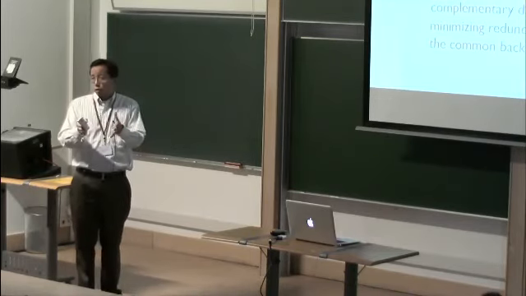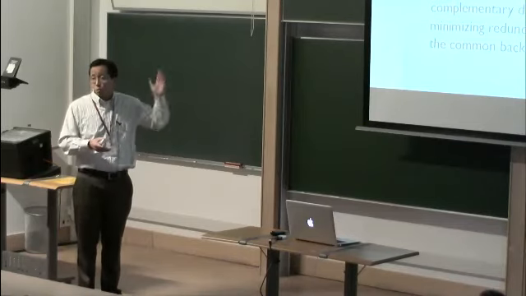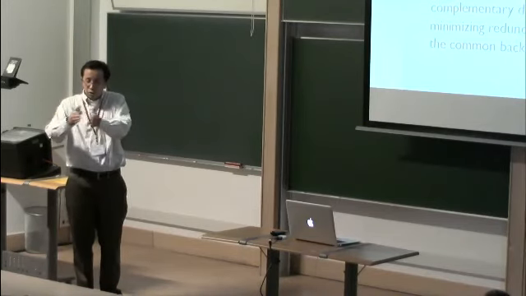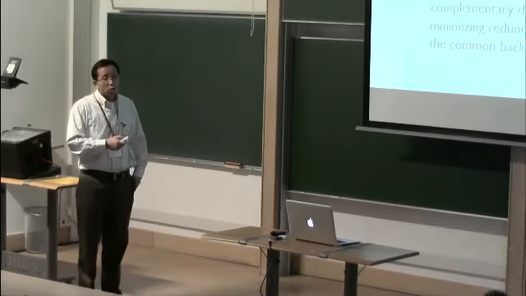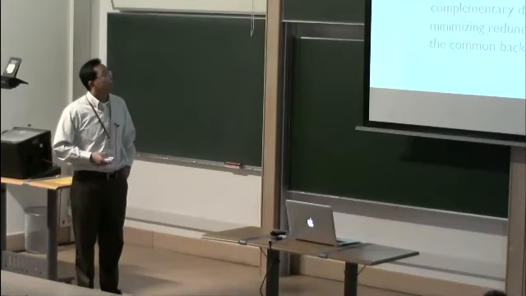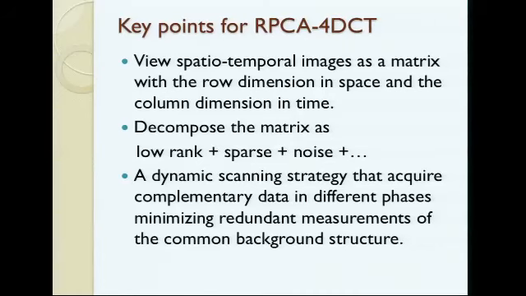If you're just shooting at the stationary part, the rank should be just 1. If you have slowly changing, the rank should still be low relative to the frames you take. And the sparse part: if there are things moving and also things changing, that should come to this part.